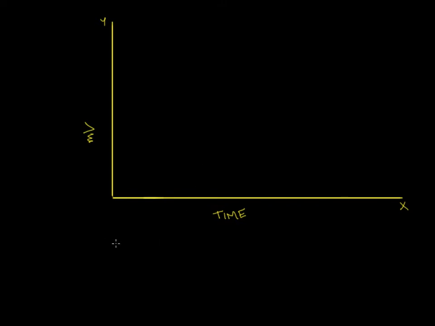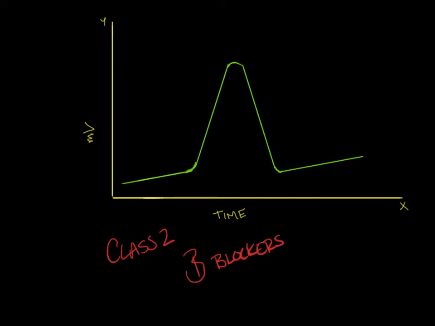Our next one will be class 2, or beta blockers. This is going to affect nodal. Now, beta blockers are going to stop our sympathetic nervous system in the SA and AV nodes.